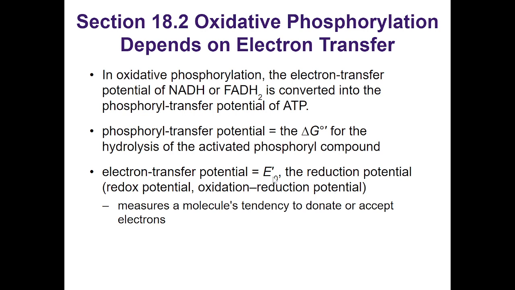It's the same E naught, by the way, as you remember from Gen Chem 2, if you remember that at all. This measures a molecule's tendency to donate or accept electrons. I believe it showed up a little bit in organic, but only a very small amount.